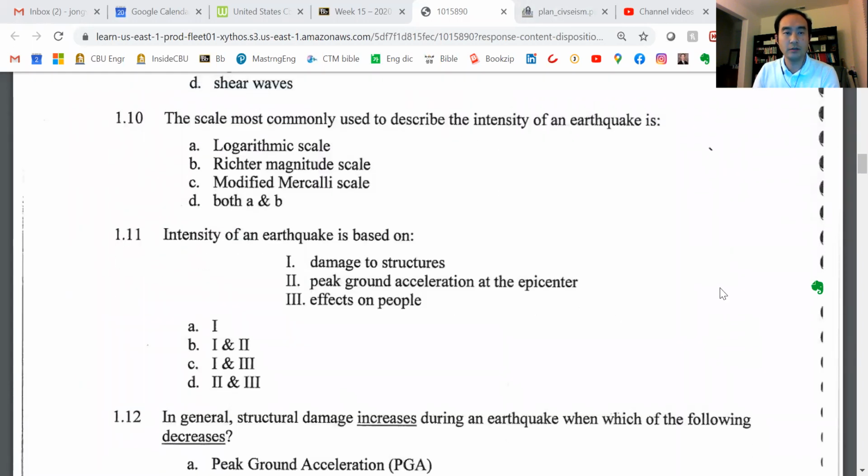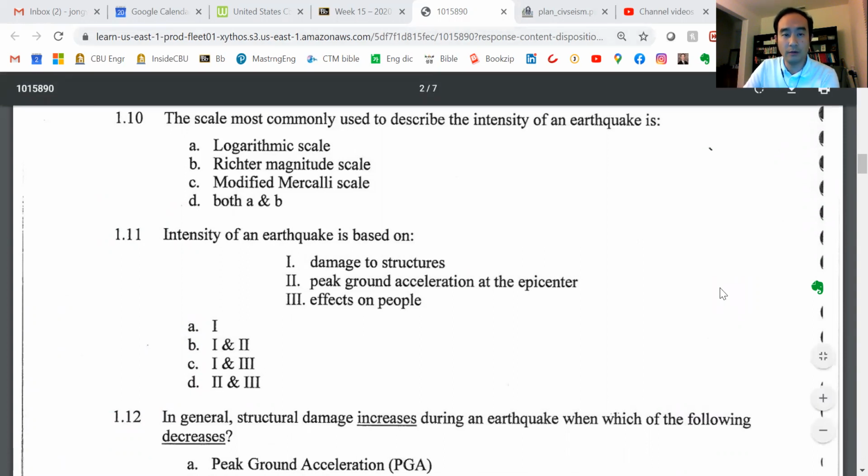1.10, the scale most commonly used to describe the intensity of an earthquake is: A, a logarithmic scale, Richter scale; B, modified Mercalli scale; C, both A and B. What is the answer? The answer is going to be C. We use a modified Mercalli scale, MMI.